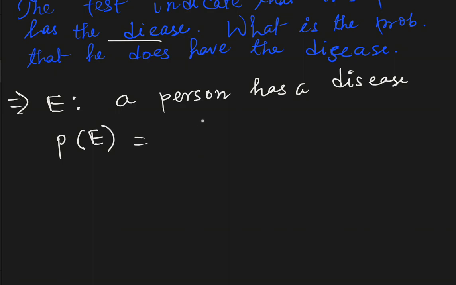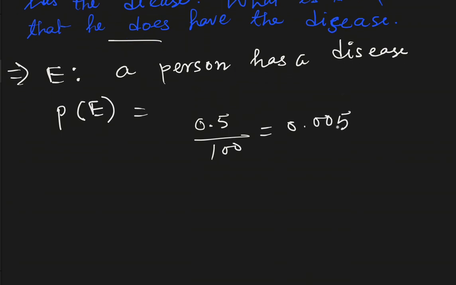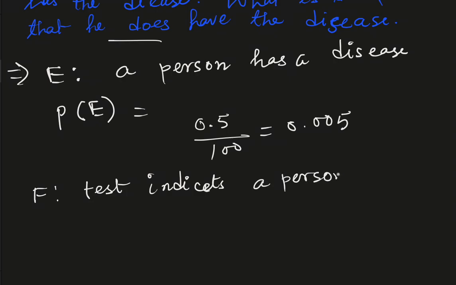So the probability is 0.5 by 100, and that is 0.005. Now F denotes the test indicates a person has that disease.